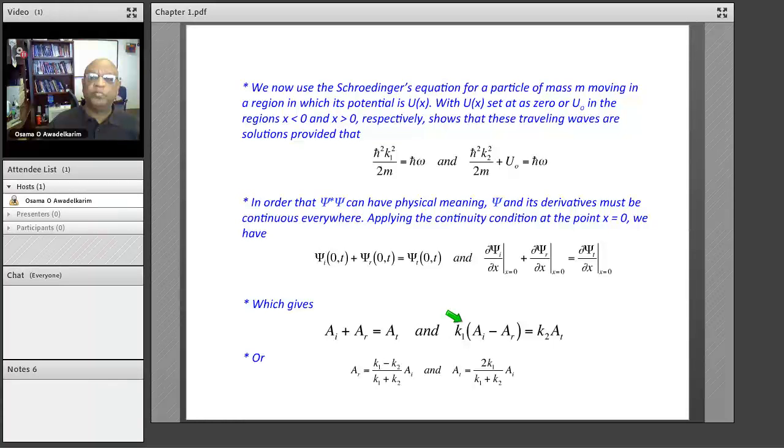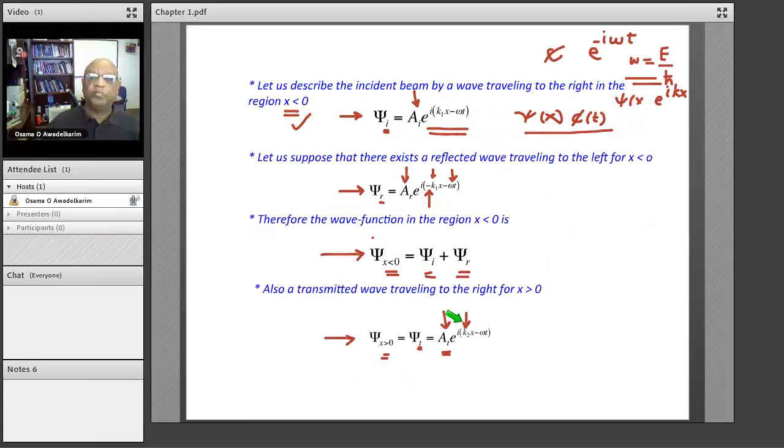So now I'm going to use the Schrödinger equation. Remember, it is minus h bar squared over 2m, d squared psi over dx squared, plus (E minus U) times psi, equals 0.